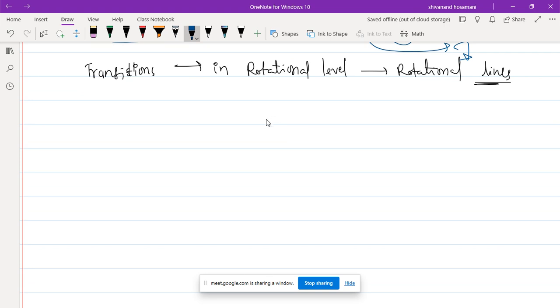So the selection rule for this quantum number: in atomic physics we had the angular momentum quantum number, here in molecular physics J is taken as the rotational quantum number.